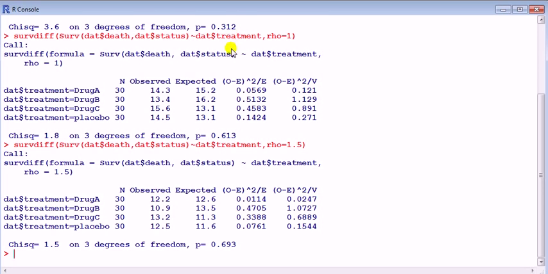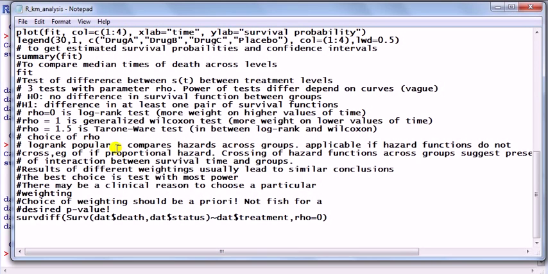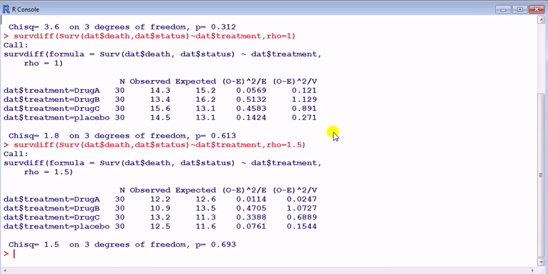Note that the p-value for the log rank test is lower than for the other two. You can shut your ears if you don't want to hear this bit because it's not part of the basic stuff, but let's have a look. The log rank test places more weight on the higher values of time. We saw in the estimate of the survival function there was something way out towards 48.